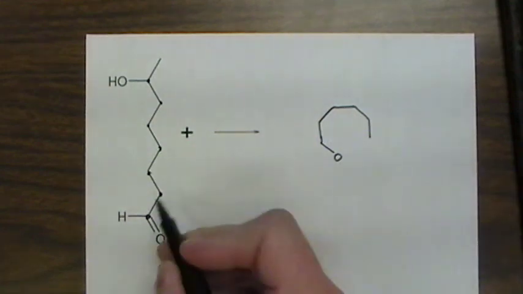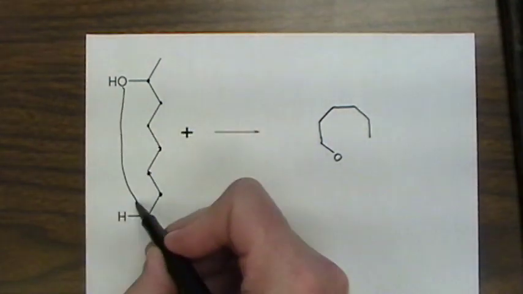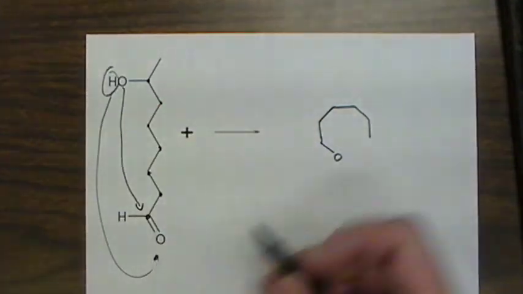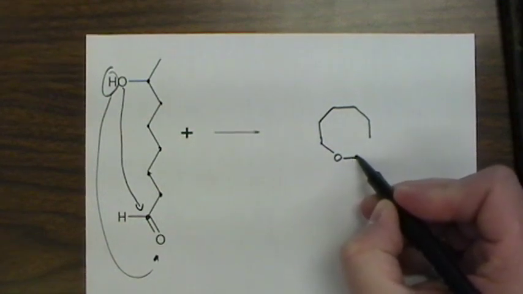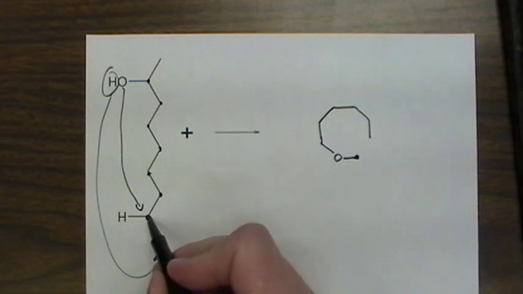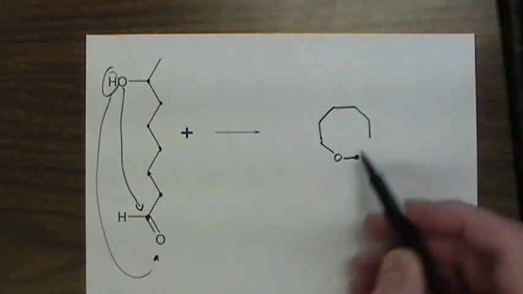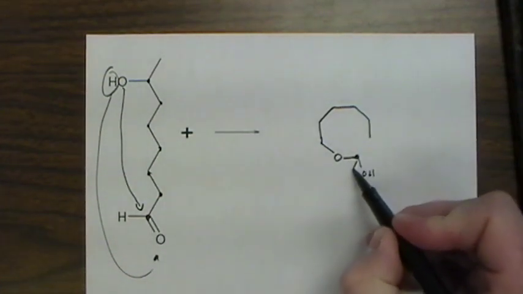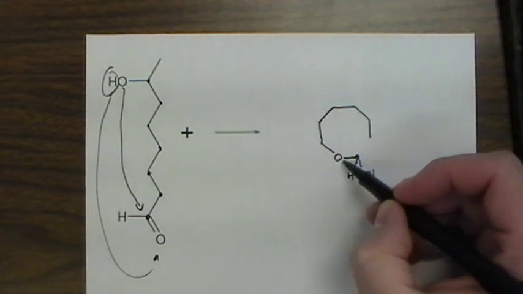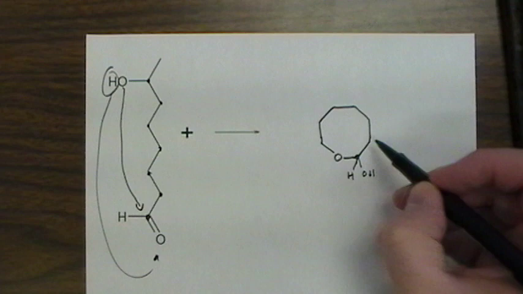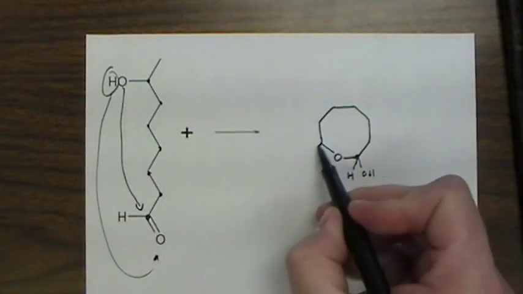Then we have an oxygen here. That's going to be this oxygen that comes in here. This hydrogen goes over. So we have, this carbon is the same as this one. So there's an OH group here, hydrogen. You can see that it still forms a hemiacetal. And then we have this methyl group here.